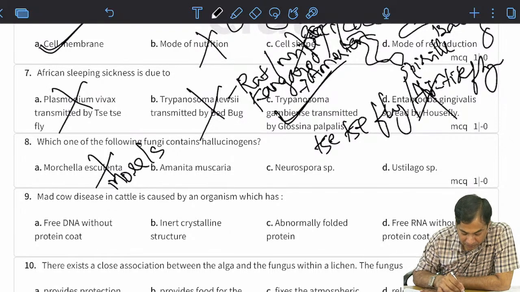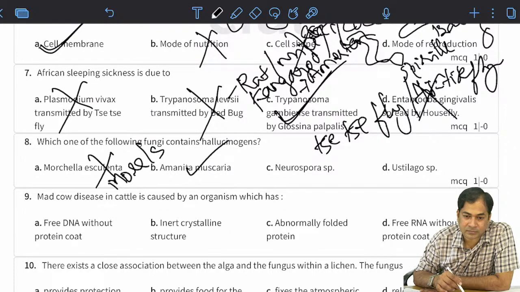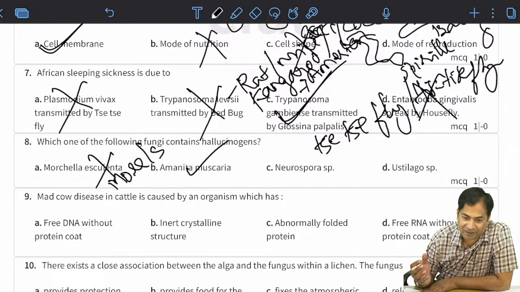But option B, Amanita muscaria, definitely has hallucinogenic properties, because some of these species are poisonous. What our ancestors used to do when they prepared any dish made from mushroom, they used to feed it to animals first, like dogs. If the dog survived, then they would eat.